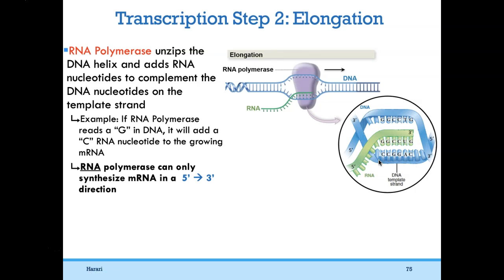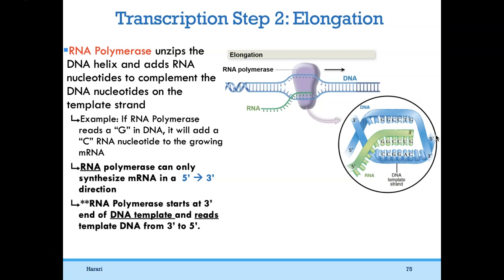RNA polymerase can only synthesize mRNA in the 5' to 3' direction. So it can only add new nucleotides to the 3' end of an existing nucleotide. So RNA polymerase is going to add something else right here, and then right here. And therefore, it's making new RNA 5' to 3', just like DNA polymerase did.